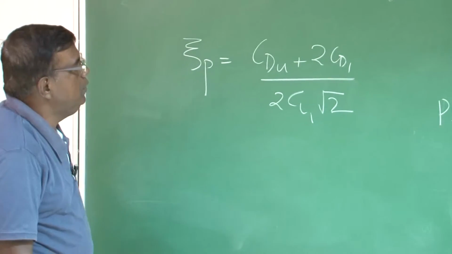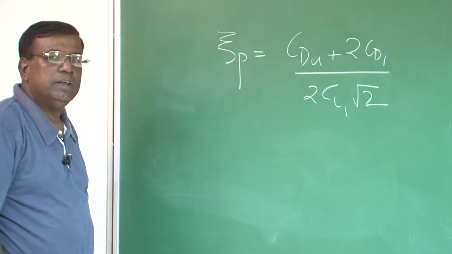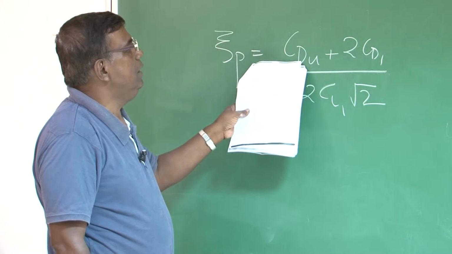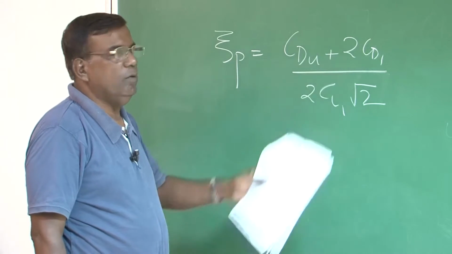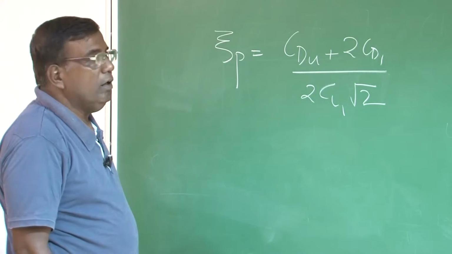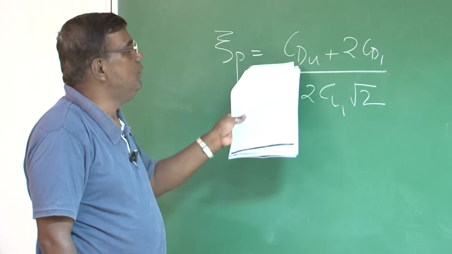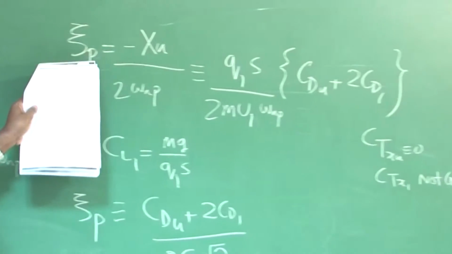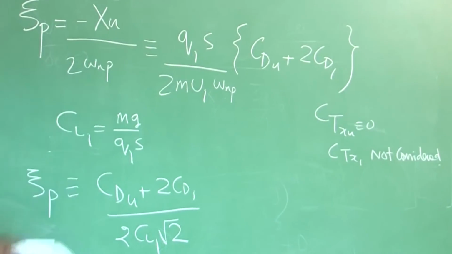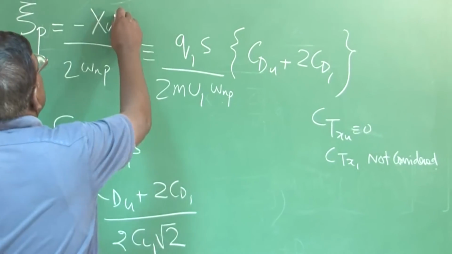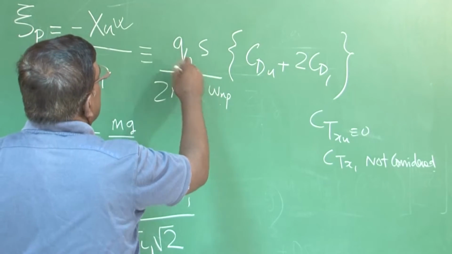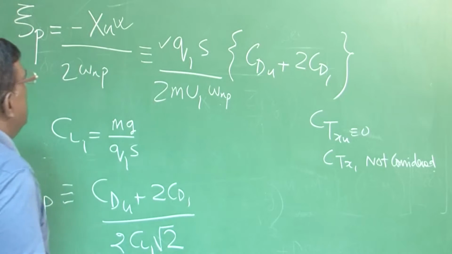What next should I do as a designer to get some first hand feel? I will immediately see CDU will be less compared to 2 CD1, number one. I can also think at subsonic speed CDU will be almost 0. The expression for damping ratio phugoid is minus xu by 2 omega np, and we substitute the expression of xu here, then you get the expression for zeta p.